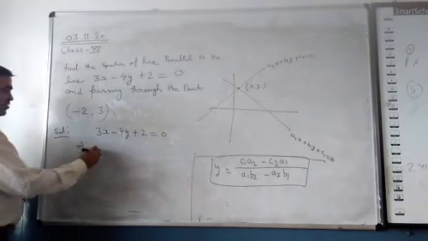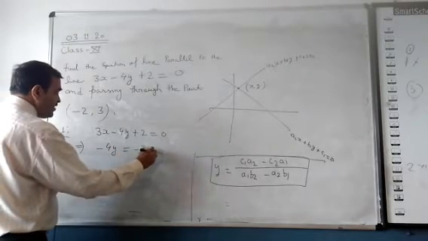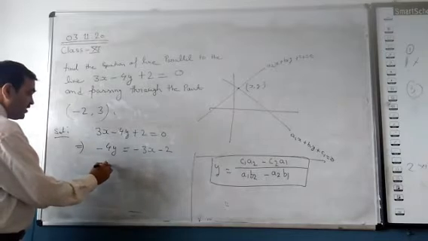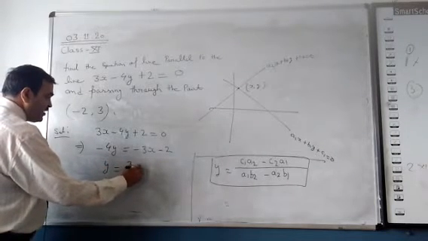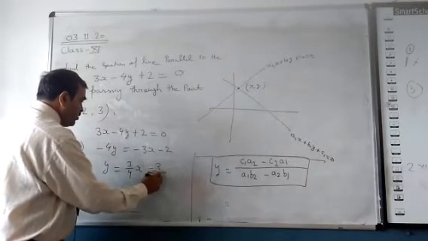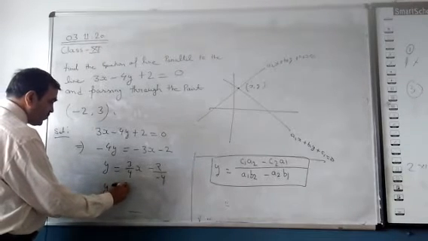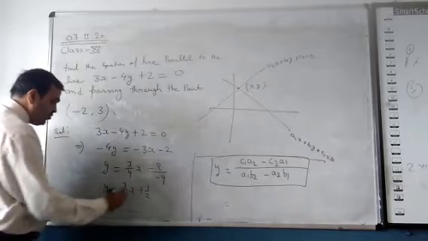This can be written as minus 4y equals minus 3x minus 2. So y equals 3 upon 4 x minus 2 upon minus 4, means y equals 3 upon 4 x plus 1 upon 2.